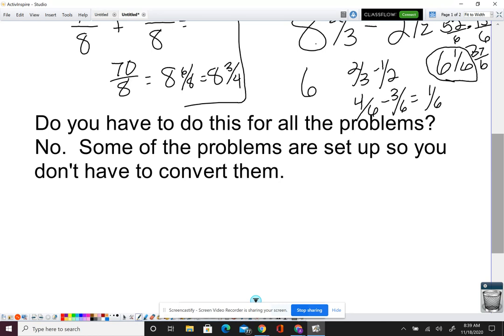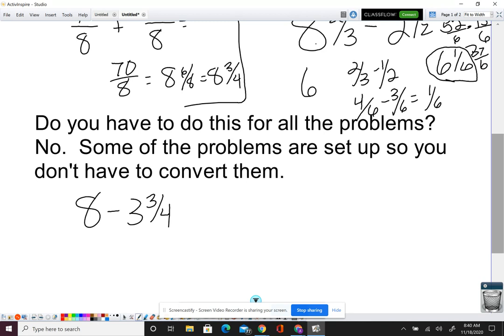Let's look at this one, 8 minus 3 3/4. Anyone have an answer for me? Is it 5 3/4? Anyone want to agree that it's 5 3/4? Because 8 minus 3 is 5.